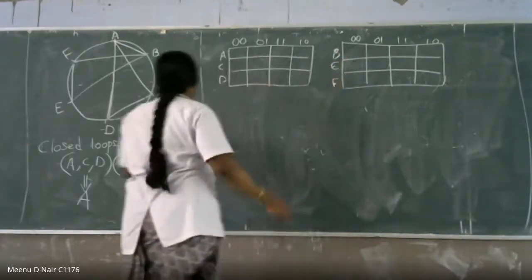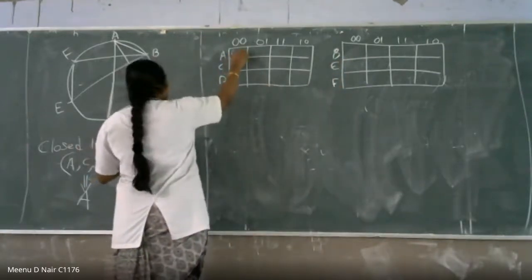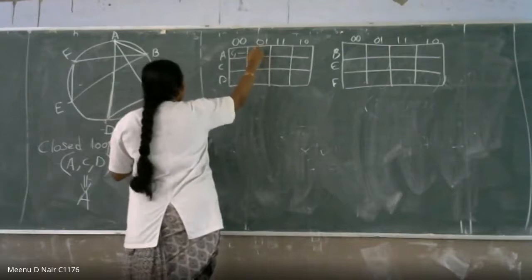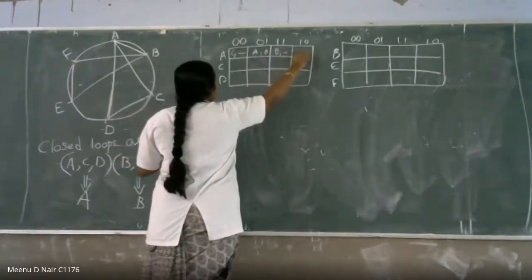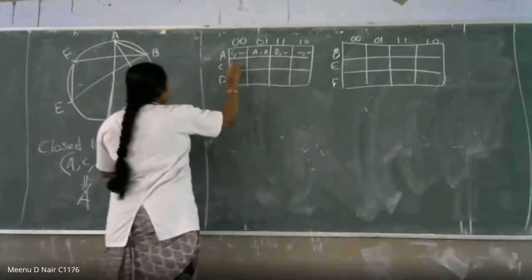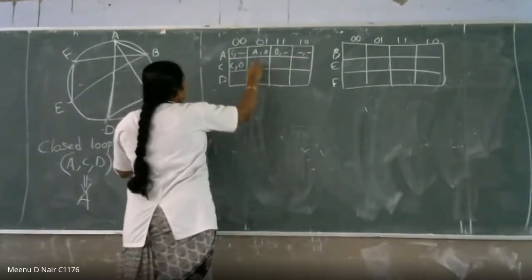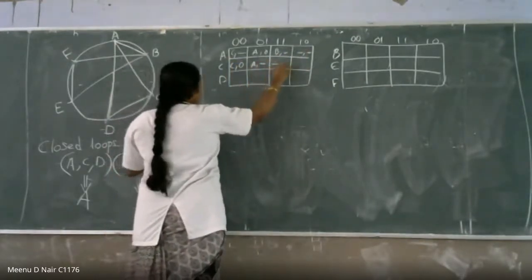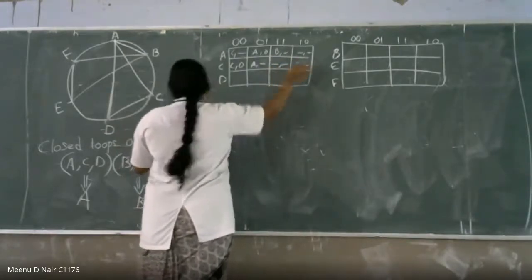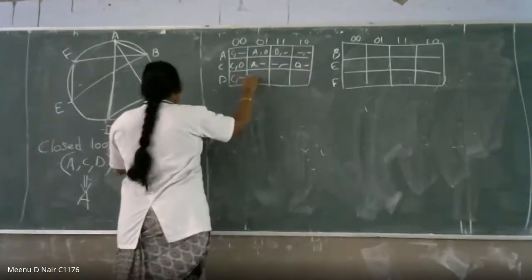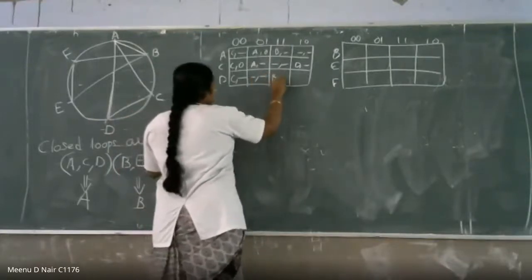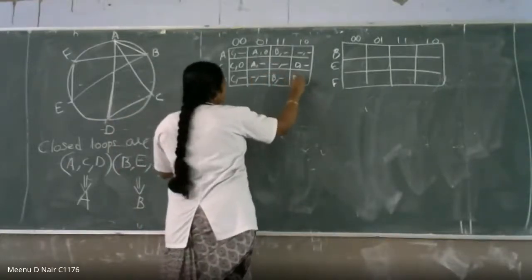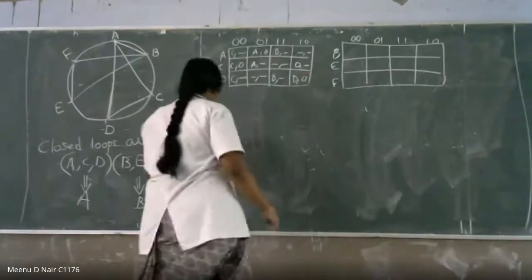Whatever is there in the primitive flow table, you can just draw like that. A, comma dash, A, comma 0, B, comma dash, dash, comma dash. Then C, comma 0, A, comma dash, dash, comma dash, B, comma dash. Then C, comma dash, dash, comma dash, B, comma dash, D, comma 0. Okay, D, comma 0.